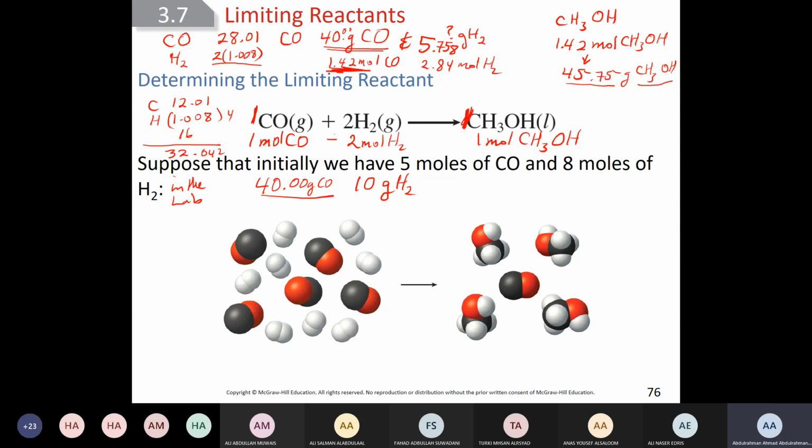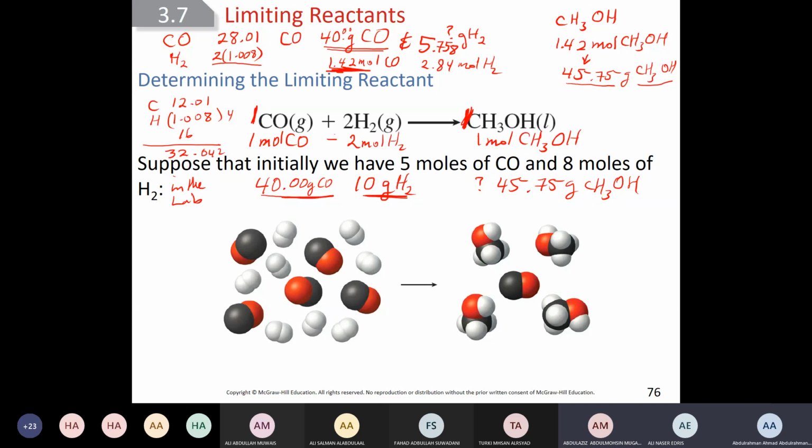I want you to go to the lab now, and you in the lab you mixed 40 grams CO with 10 grams H2. How many grams of CH3OH you're going to produce? 45.75 gram CH3OH will be produced. Why?